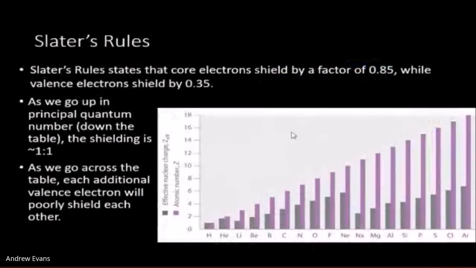Yet back here, when we looked at helium, lithium, sodium, the Z effective was going up still as we went down the table. But Z effective doesn't go up by much.